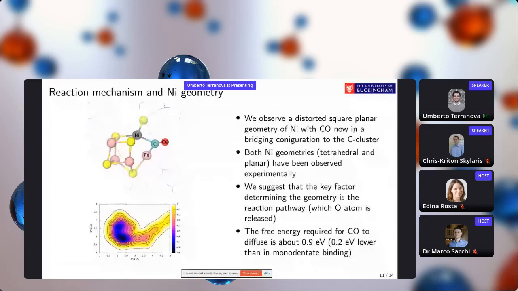In other words, which oxygen atom of CO2 is eliminated as part of the water molecule will determine the subsequent geometry of nickel. The free energy required for the carbon monoxide to diffuse was calculated again by another dynamic simulation, and this was about 0.9 eV, which is 0.2 eV lower than the previous path. And you can appreciate this in the figure above.